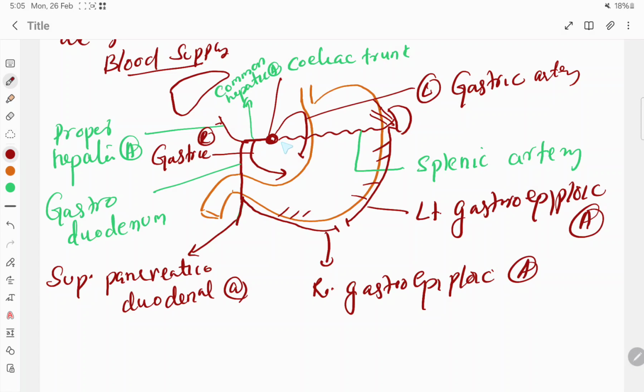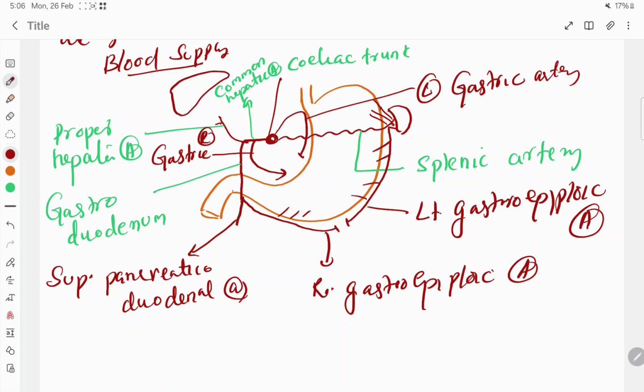Then the splenic artery gives short gastric branches, and another branch called the left gastroepiploic artery along the greater curvature, which anastomoses with the right gastroepiploic artery, a branch of the gastroduodenal artery. The gastroduodenal artery in turn is a branch of the common hepatic artery, a branch of the celiac trunk. So these are the blood vessels supplying the stomach.